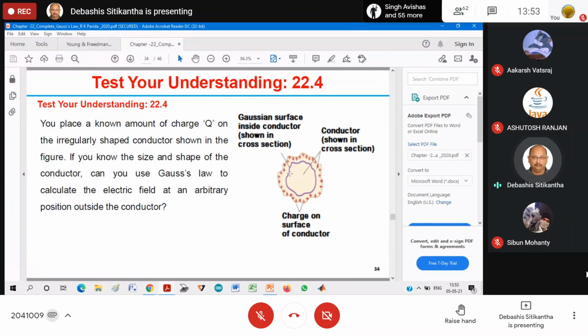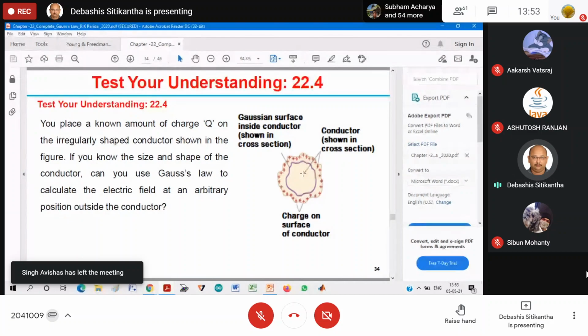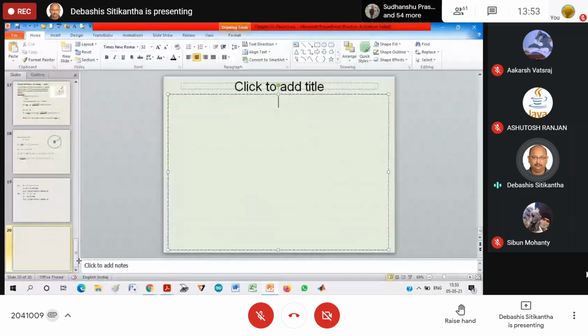Now, if this one is the Gaussian surface and I want to find the electric field at this point, can I use Gauss law to find the electric field or not? What is the definition of Gauss law? In the first class I have told you, let us see the definition of this Gauss law.